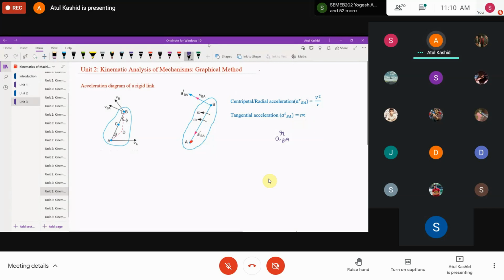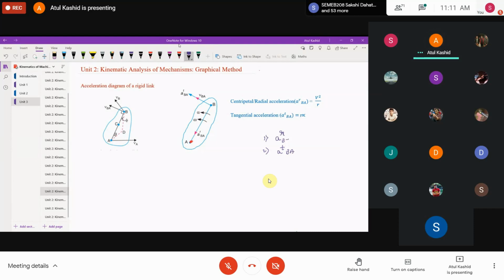The second acceleration term is the tangential acceleration, which is a^t of BA. This T denotes tangential, and above, R denotes radial.